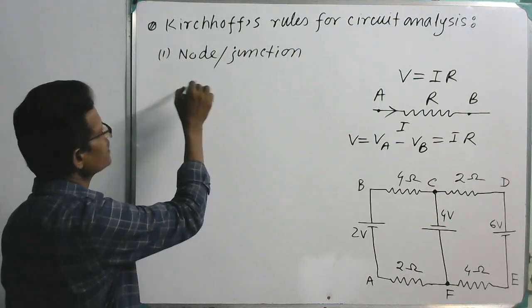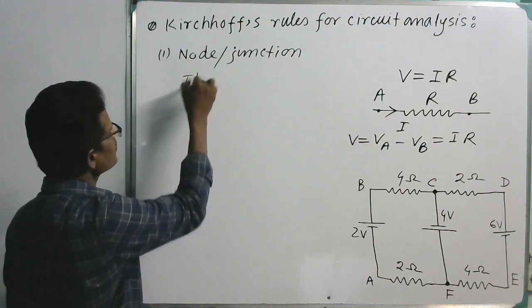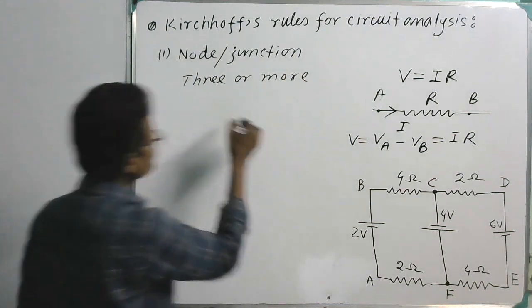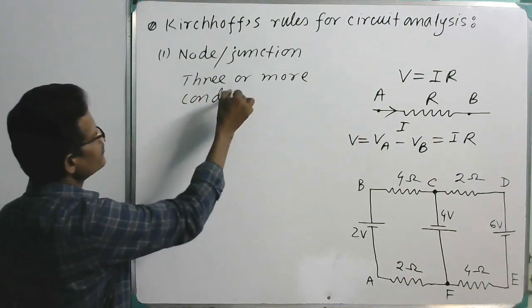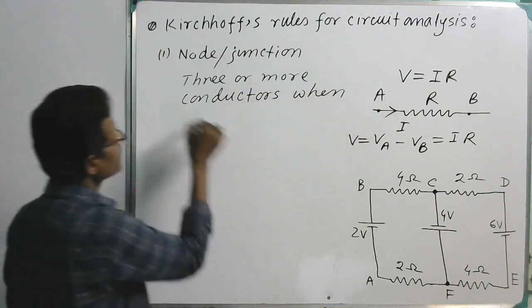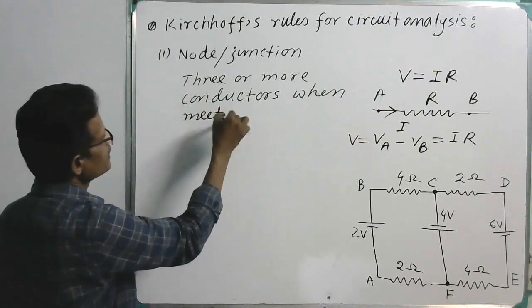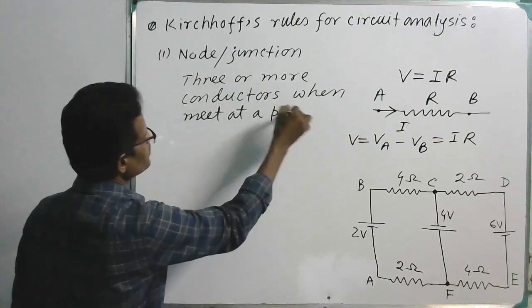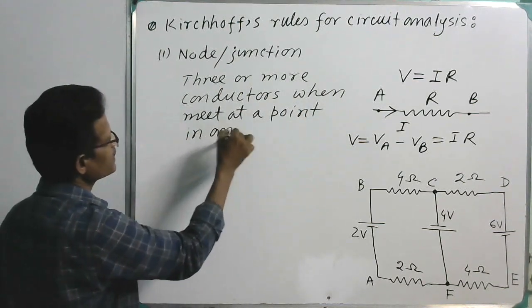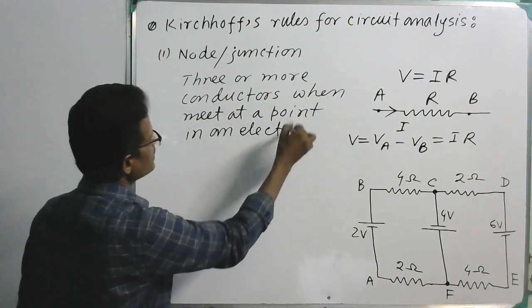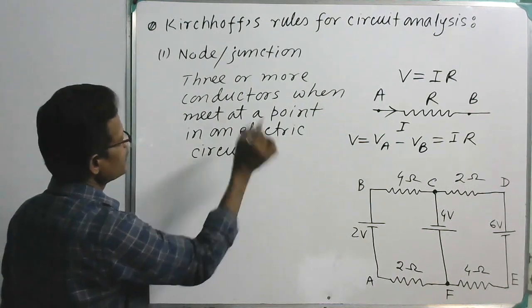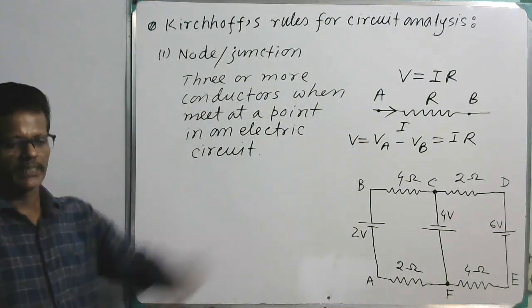Simply let me write: three or more conductors when they meet at a point in an electric circuit, simply that is a node or junction.